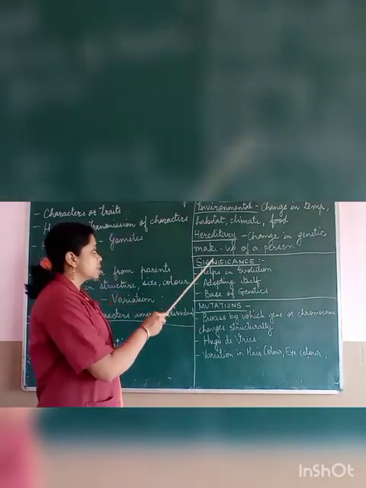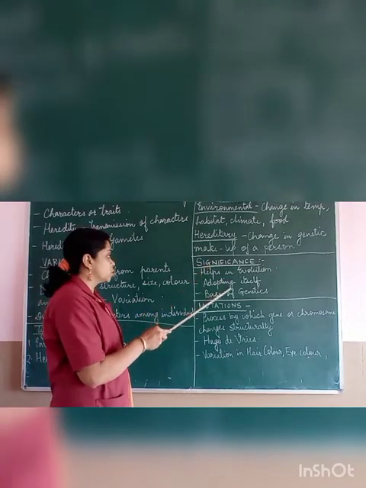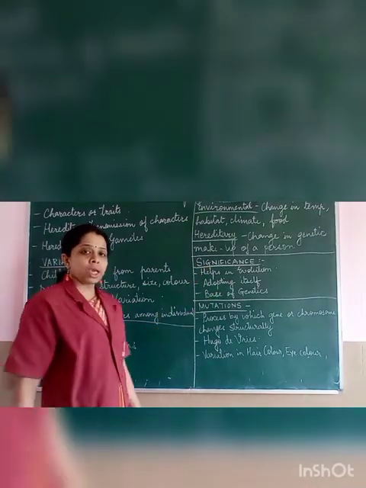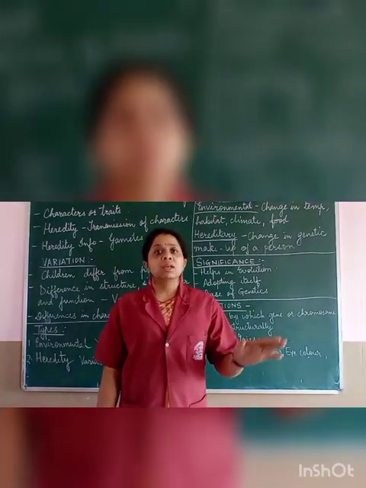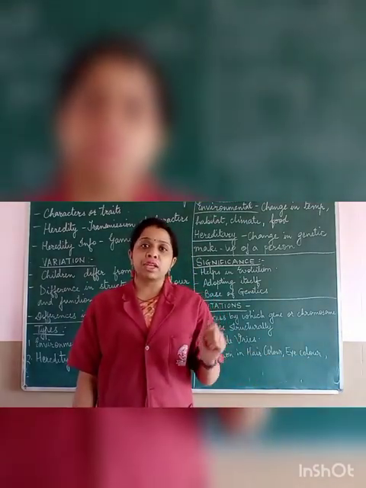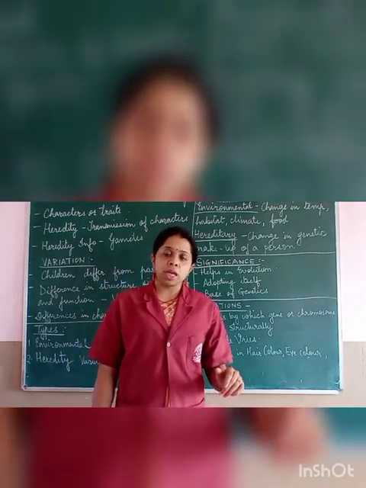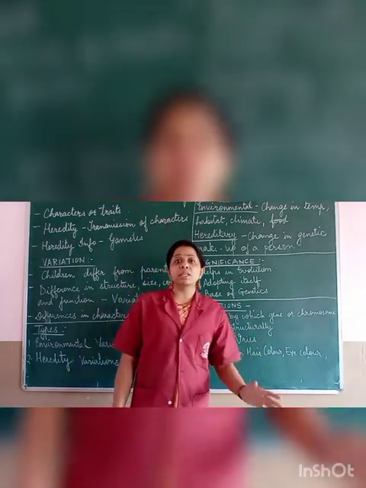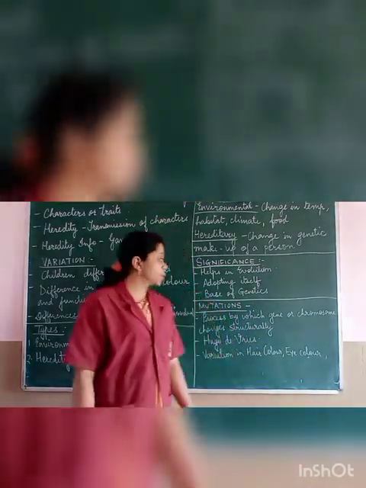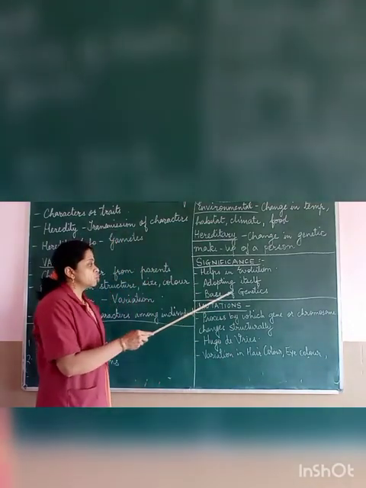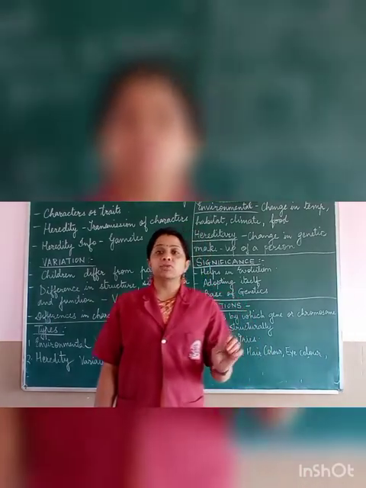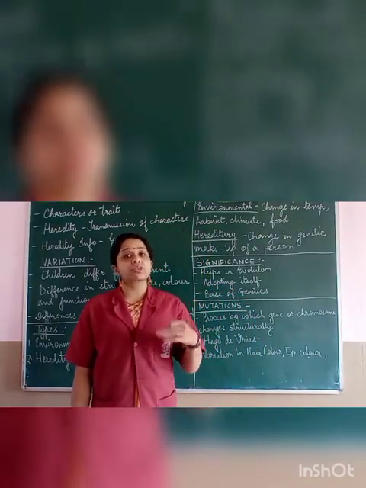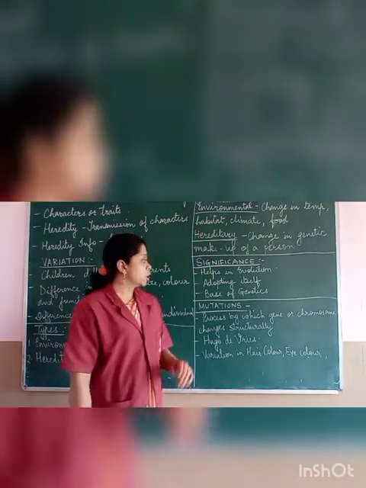The second importance of variation is adaptation: whenever there are variations, the individual tries to adapt itself to the changing environment. Third, variation is the base of genetics. Genetics started because of variations.